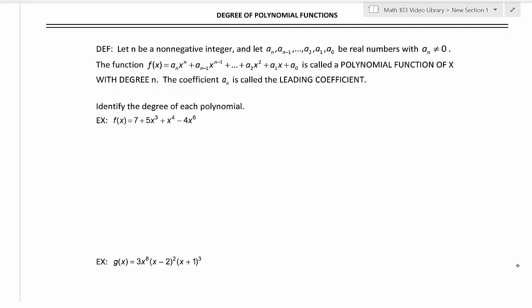Since our polynomial is all multiplied out, the degree of the polynomial function will be the highest number that we see on any variable. This polynomial function is not written in descending order. It may be helpful for you to rewrite it in descending order.